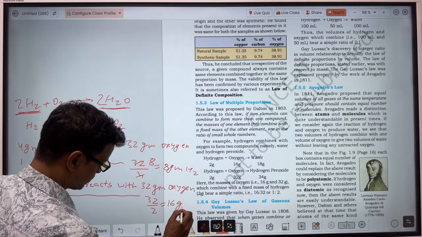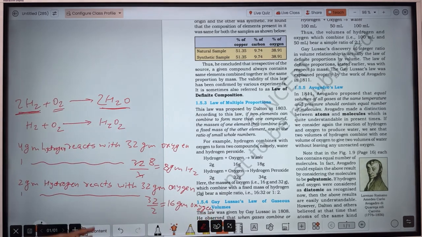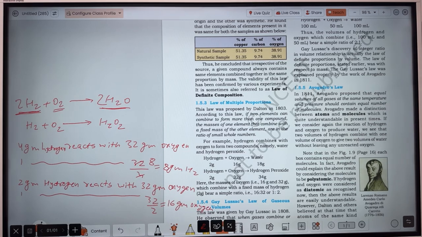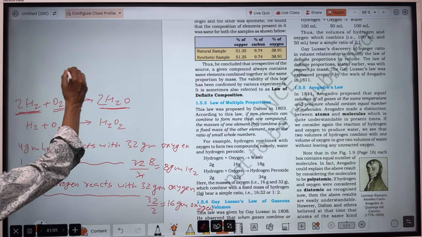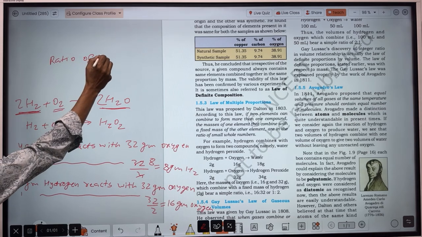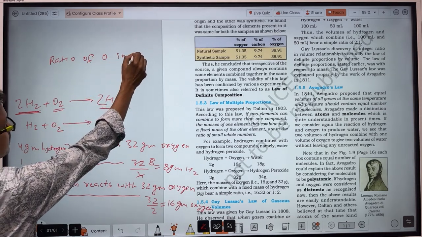That is 16 gram oxygen. So the ratio of oxygen in here and here will be a simple whole number ratio.